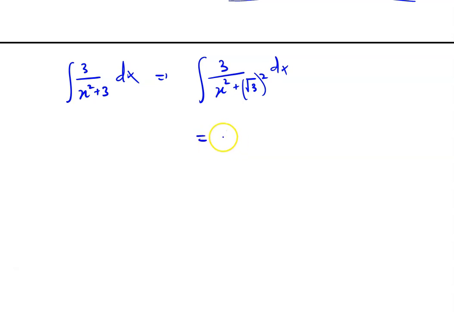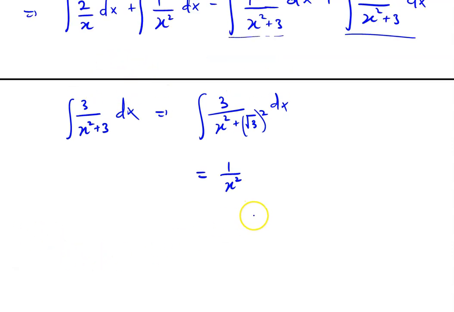And this will be equal to 1 on x squared. Because the rule stated that if I have 1 on a squared plus x squared, the integral of 1 over a squared plus x squared is equal to 1 on a tan inverse of x on a plus c.